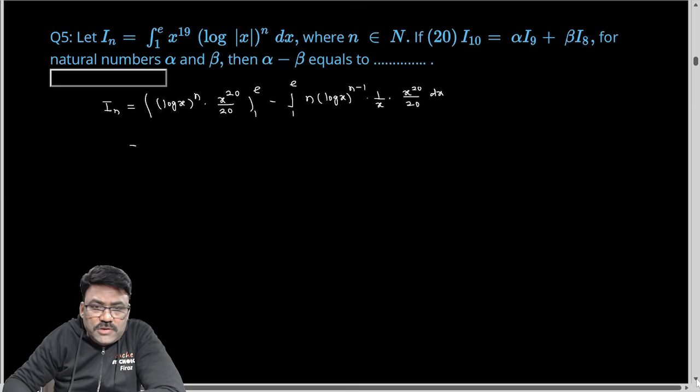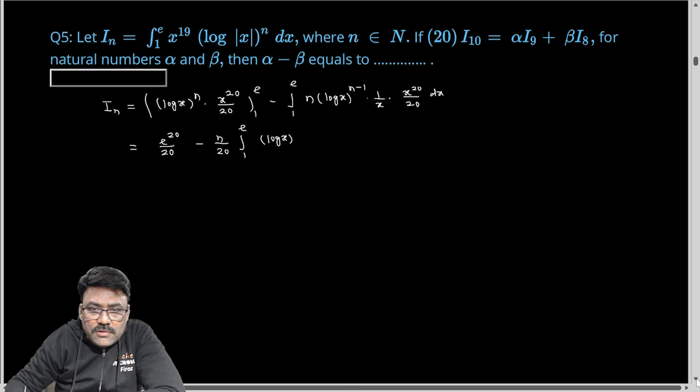Now let's substitute the limit. If you substitute the upper limit, log e will be 1. So I'm getting e raised to 20 by 20. And here I'm getting minus n by 20, the integral from 1 to e of (log x) raised to n minus 1 into x raised to 19 dx.